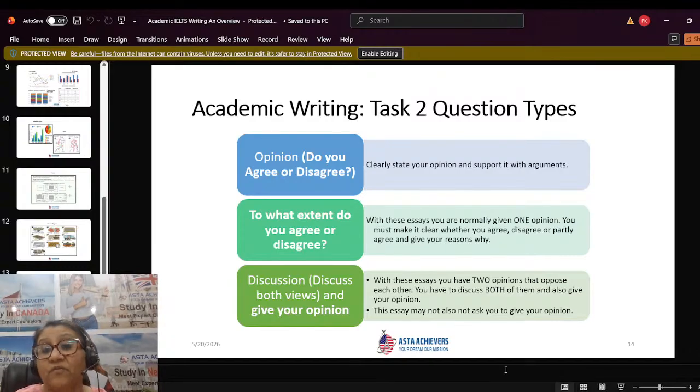So in these kind of essays, you can either completely agree, completely disagree, or you may also give a balanced viewpoint wherein you are 50% in agreement or 50% in disagreement.